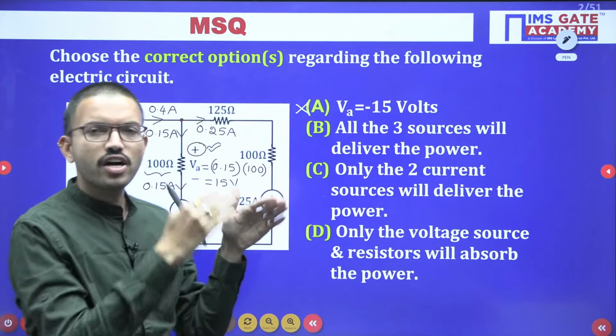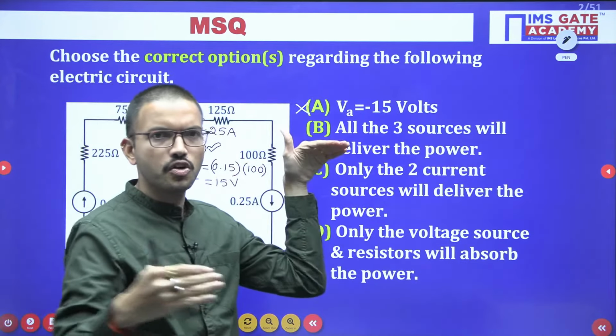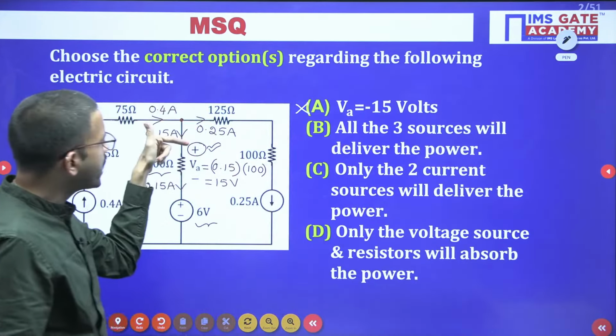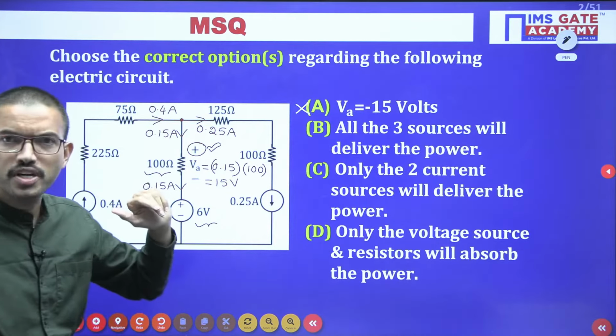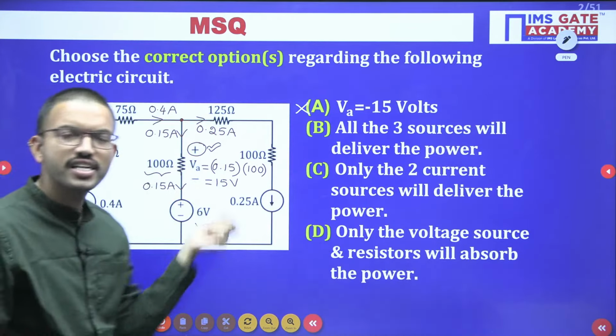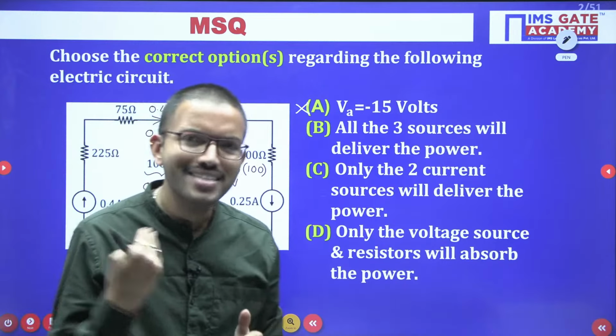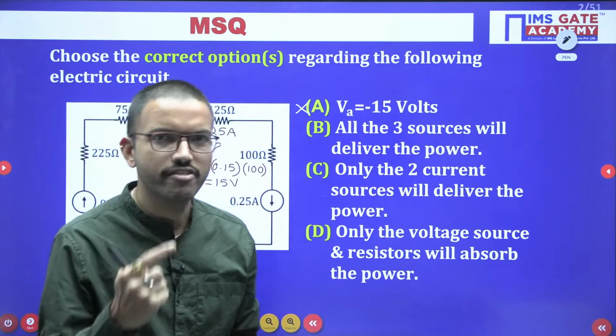But generally the water flows from high level to low level, right? Like that, if current flows from high potential to low potential, that means it is absorbing. If it is exactly the opposite way, that means it is delivering, right?